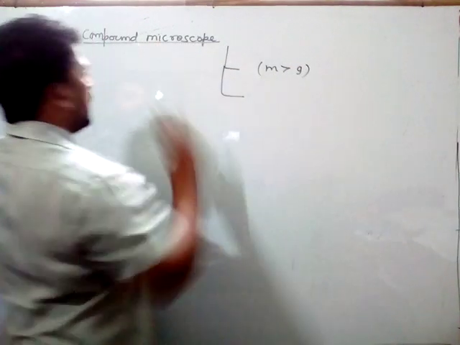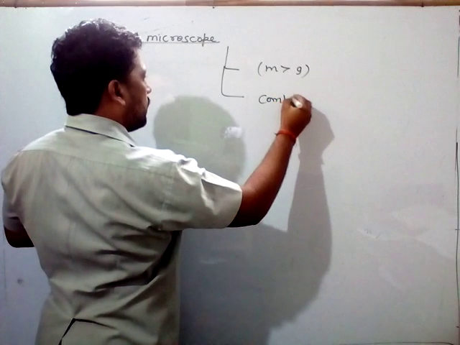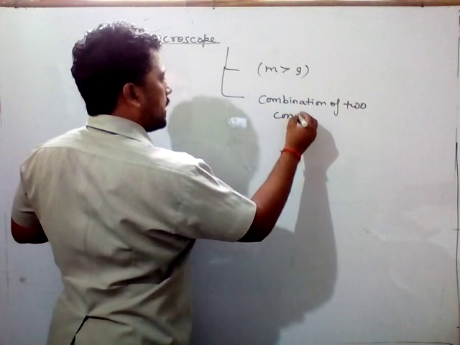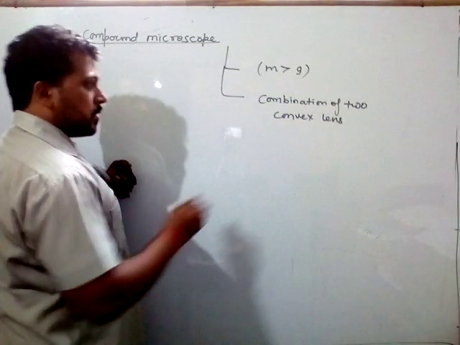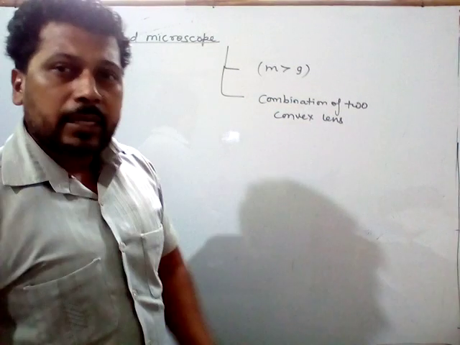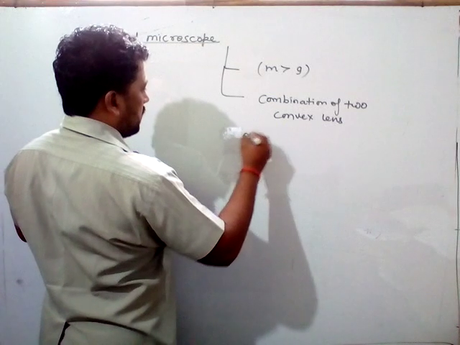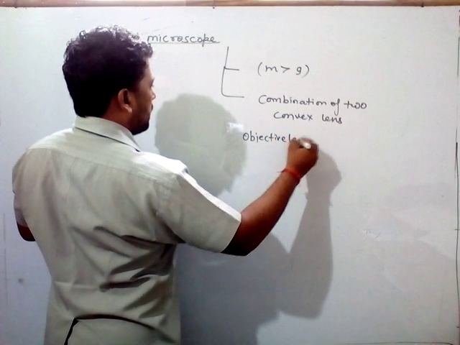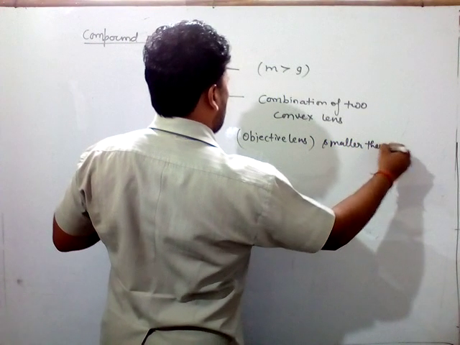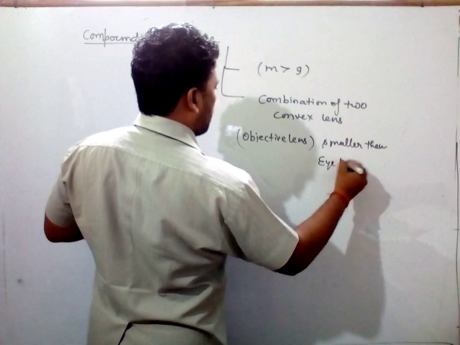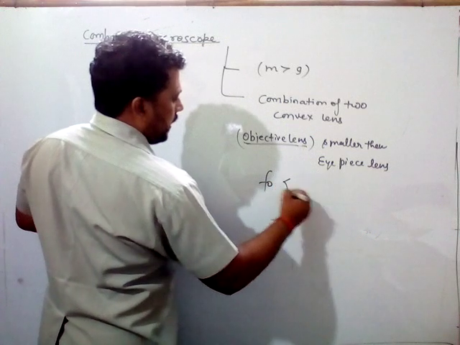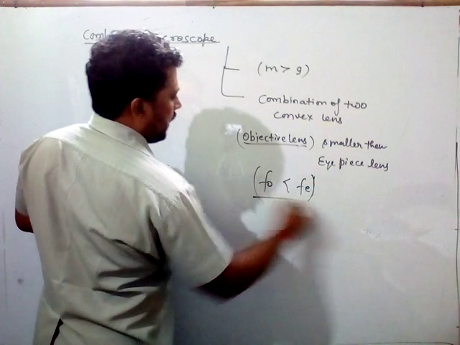The focal length of the objective lens is smaller than that of the eyepiece lens, or simply, the focal length of the objective lens is less than the focal length of the eyepiece lens.